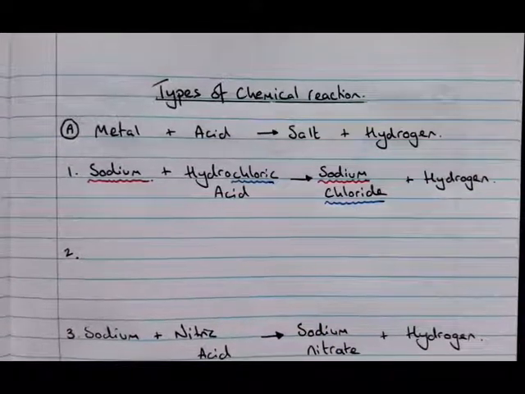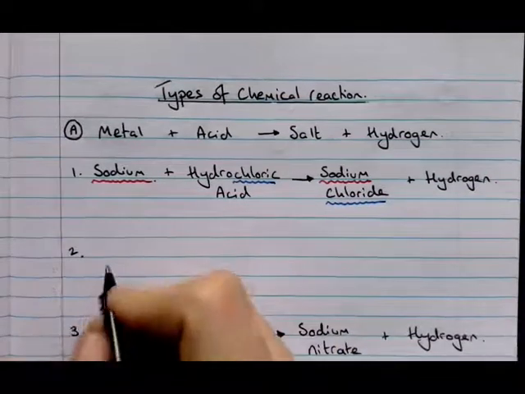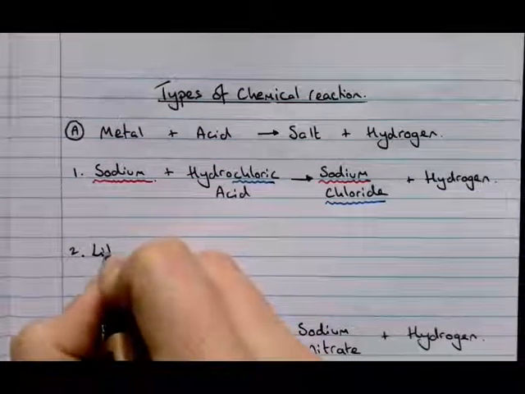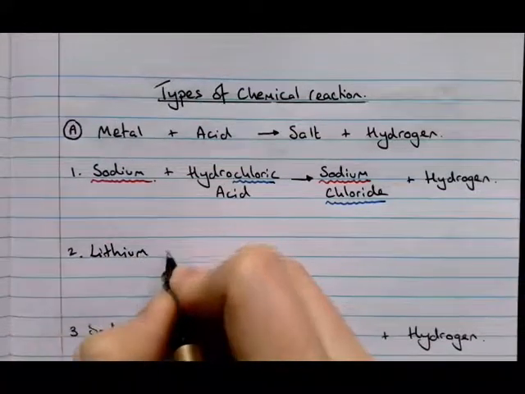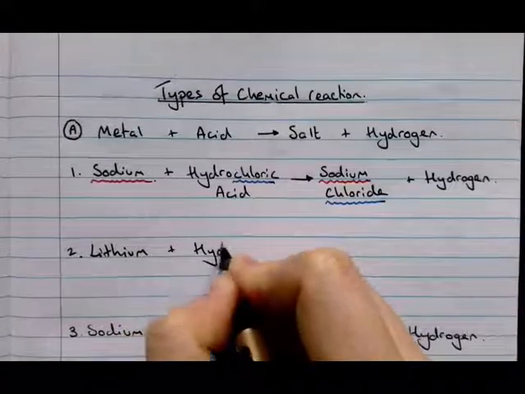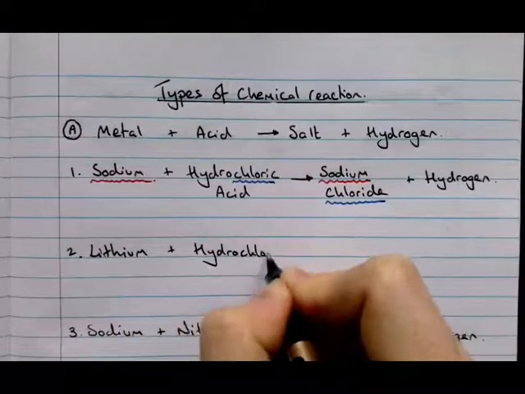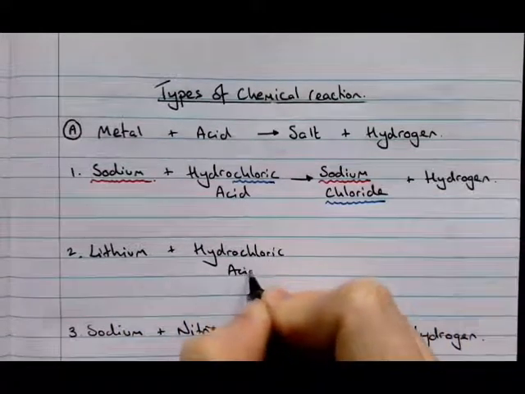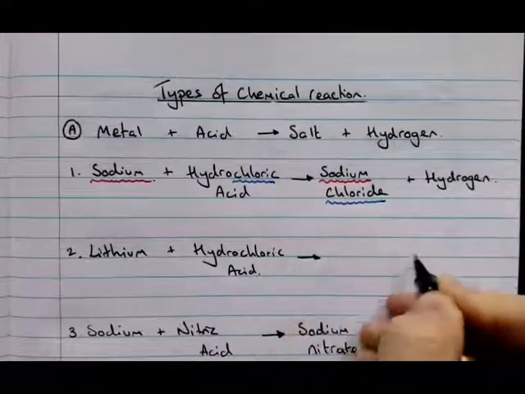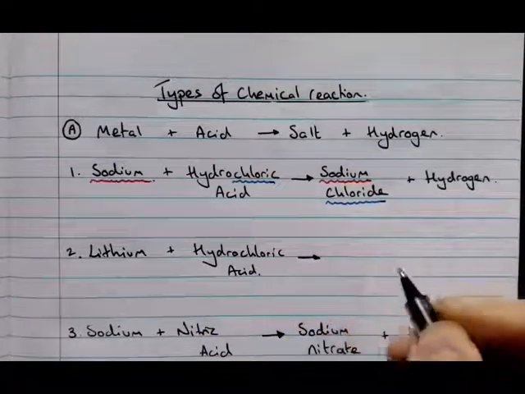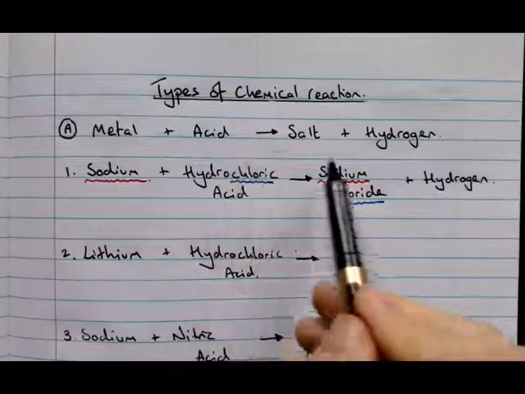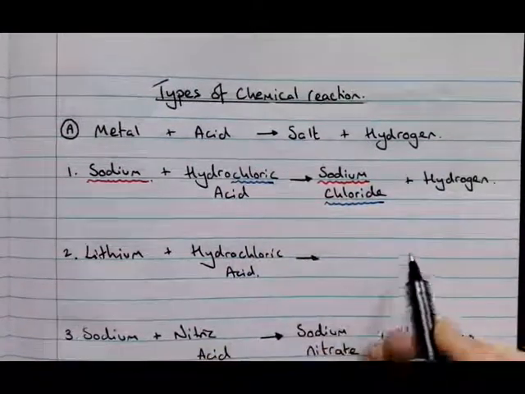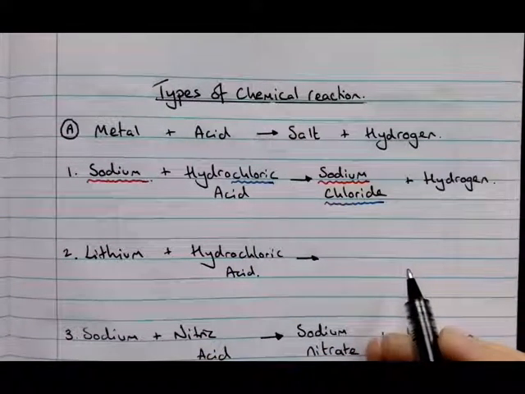Alright, so here's one for you to have a go at. If I have lithium metal and I add that to hydrochloric acid as well, what are going to be the products of that reaction? Okay, so pause it now, make a copy of this, and then write in what you think the products are here.